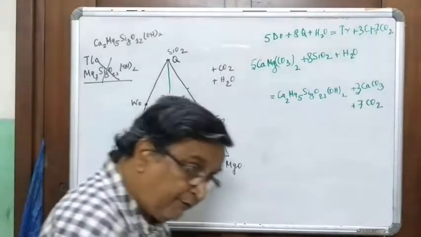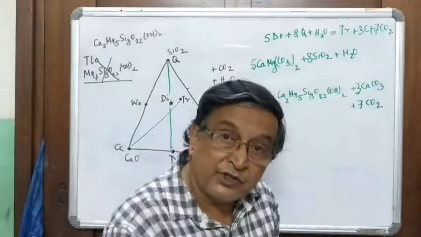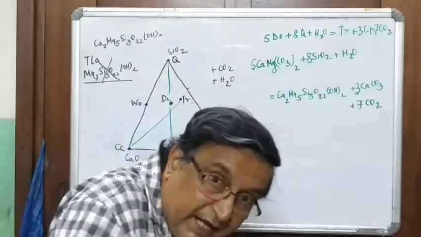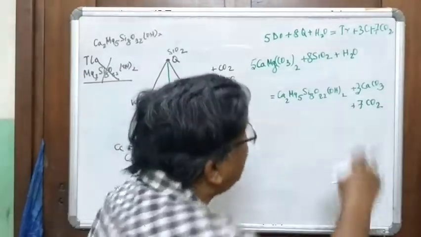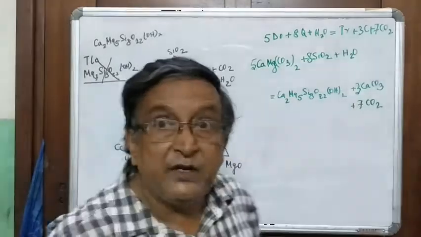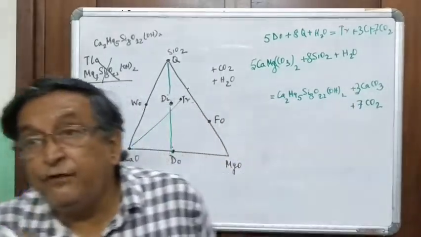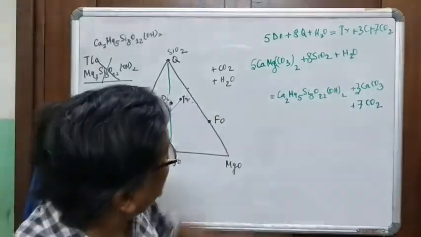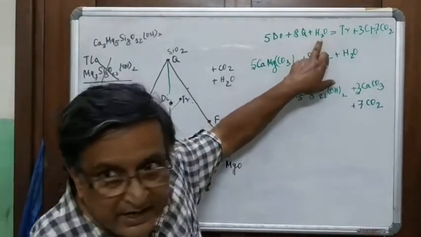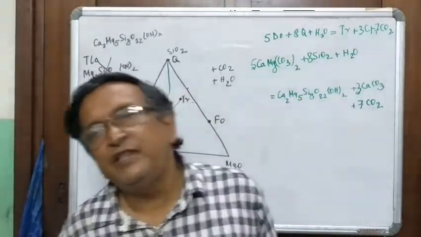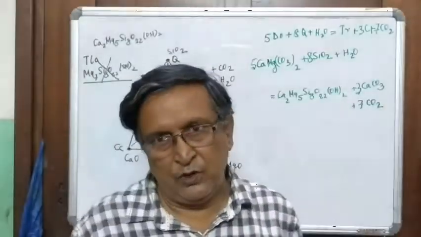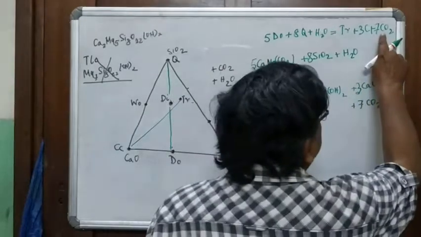So if you have a fluid in a closed system, the reaction consumes the H2O of the fluid and liberates carbon dioxide, meaning it is making the fluid more carbonic. So essentially the reaction is a sink for H2O, but it liberates 7 CO2.